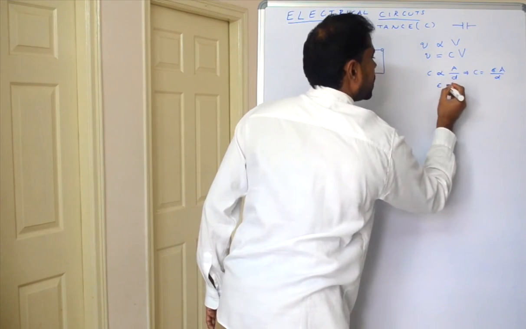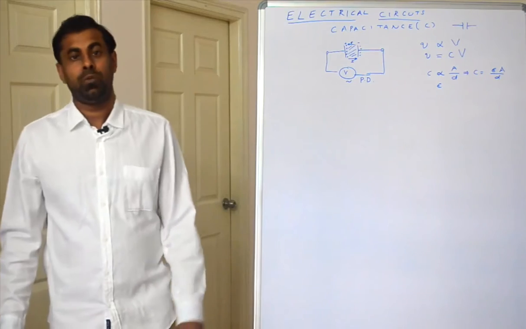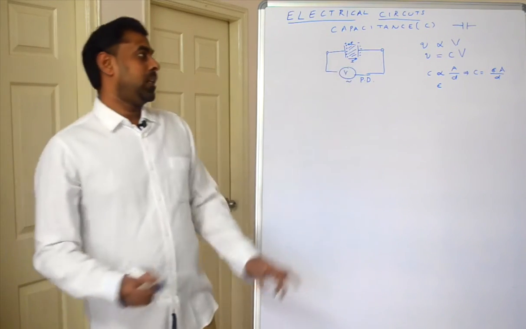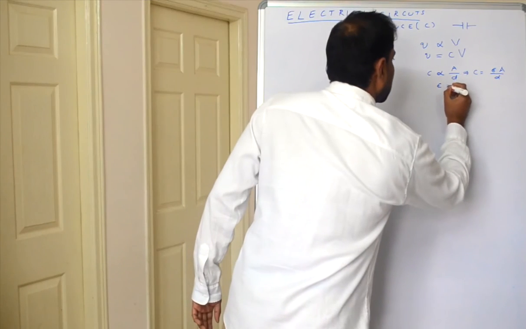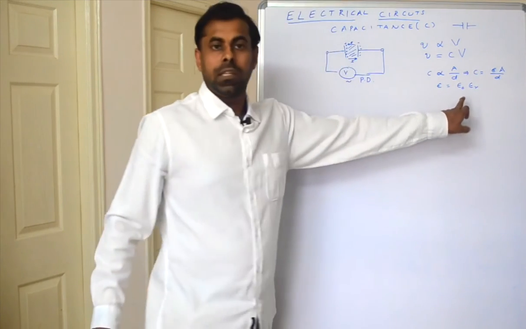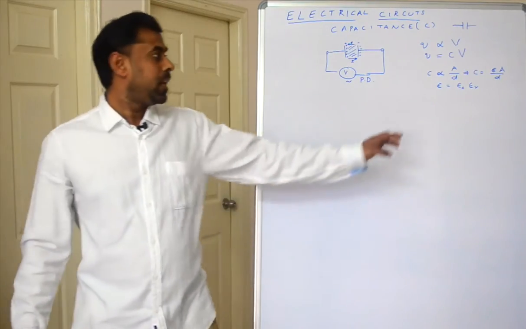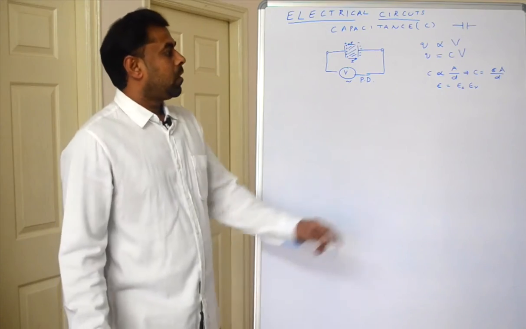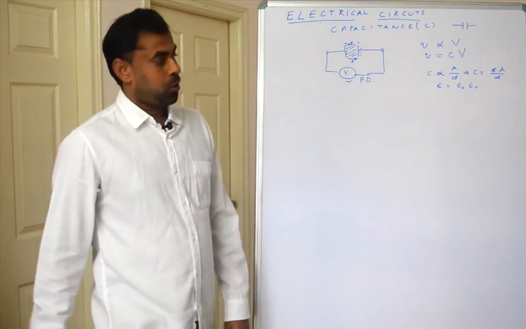This epsilon is called the dielectric constant, which depends on the material used for the dielectric. It contains two components, epsilon naught and epsilon r. Epsilon naught is the dielectric constant of air, and epsilon r is the relative dielectric constant of the material used.